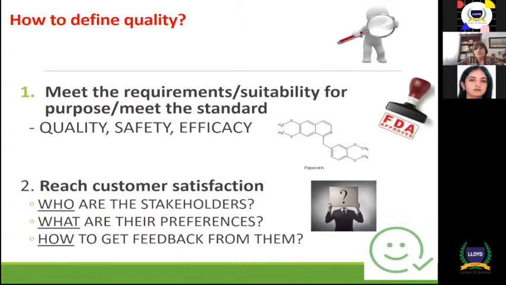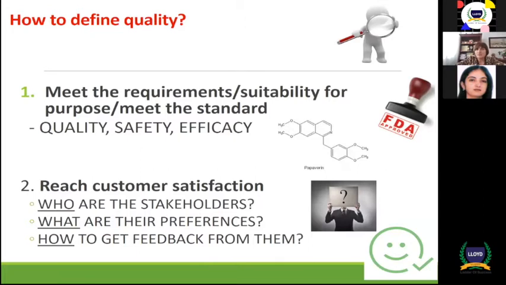When we come to this question about the definition of quality, then we know from the literature and from the quality assurance scientific background that there is a technical quality definition: to meet the requirements, or given requirements, or suitability for purpose, or meet a standard, like in the case of pharmaceutical products, or to reach customer satisfaction.